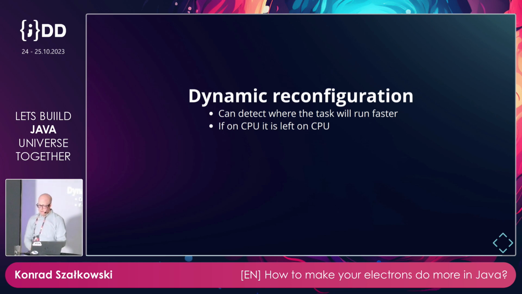Tornado can detect whether the code will run faster on the CPU or on the GPU. Now you say, wait, I just told you that it should run faster on the GPUs. Yes, but there is a certain narrow bottleneck on the way. You need to transfer your data to the GPU via internal buses.